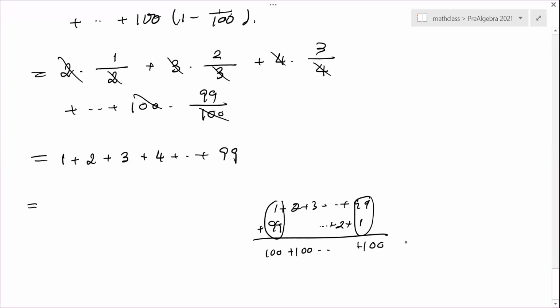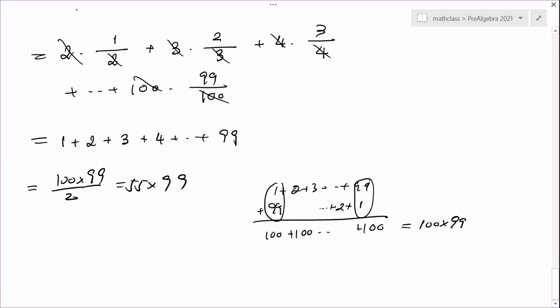And how many terms do you have here? 99. So 100 times 99 is double the sum. If it's just a single one, then you divide by 2. So you get 50 times 99. Just do the multiplication directly, 50 times 99. So the answer is going to be 4,950.